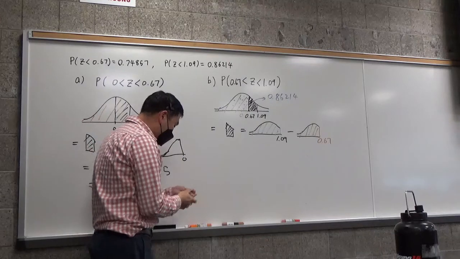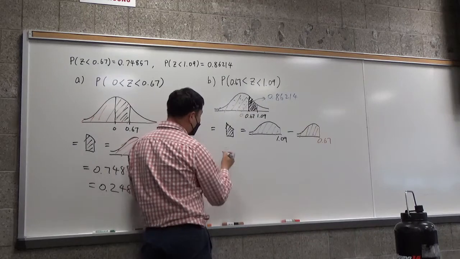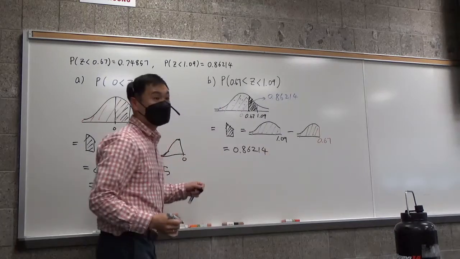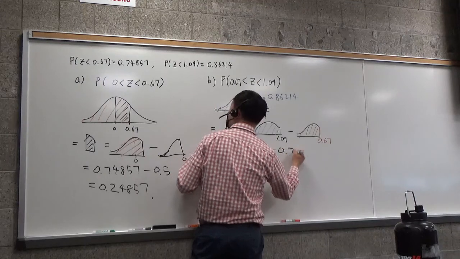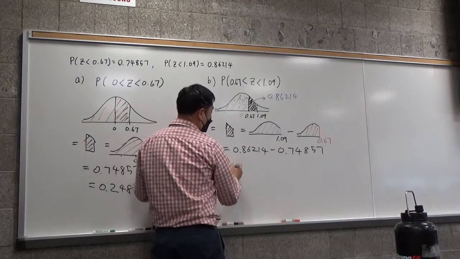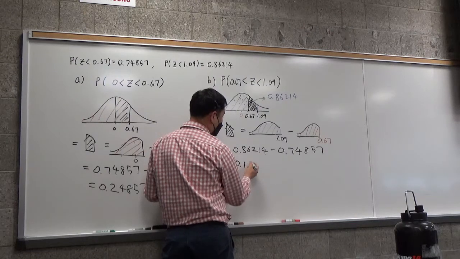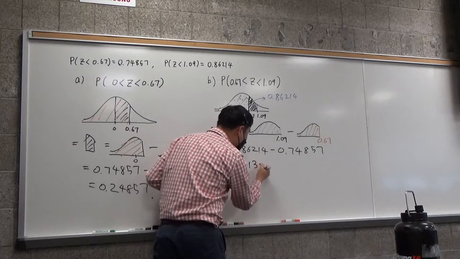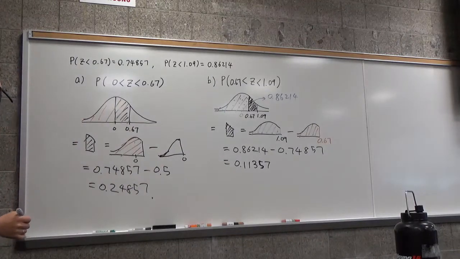What are the actual areas though? The first one is 0.86214, and then minus 0.74857. Then you do the calculation. What is it? 0.11357? Okay, so that will be the value.